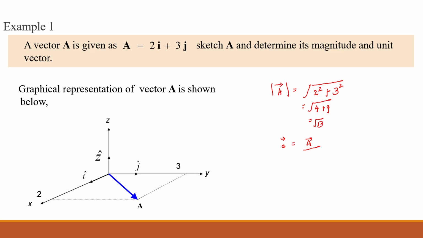So unit vector is vector A divided by the magnitude of vector A. So you may have 2i plus 3j, and you can put it like this, divided by square root of 13. Or you want to break each component, let's say 2i over square root of 13 plus 3j over square root of 13. So either one. You want to combine it or you want to break it.